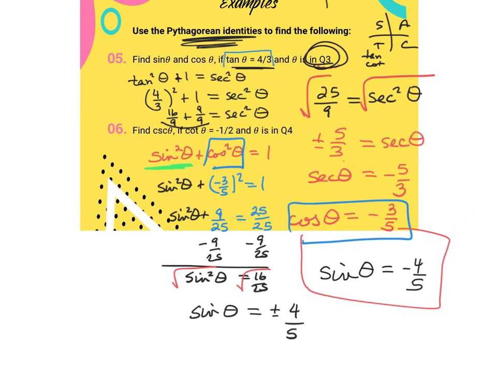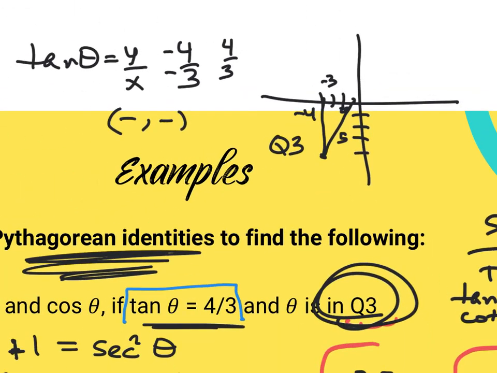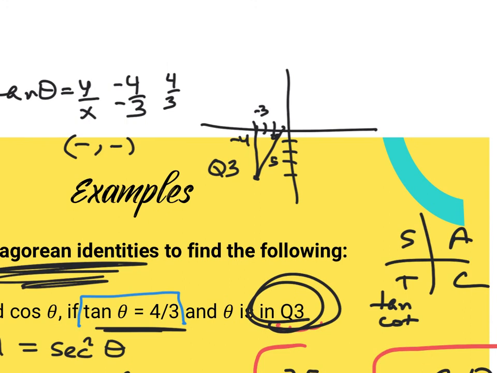Now again, if you would have gone back up to where I had graphed it initially, because they said it was in quadrant 3, I knew both of these numbers, my 4 and 3, were both negative. And again, if you just did sine theta is going to be y over r, all you had to do was take this y and put it over r, and it goes right to the answer.